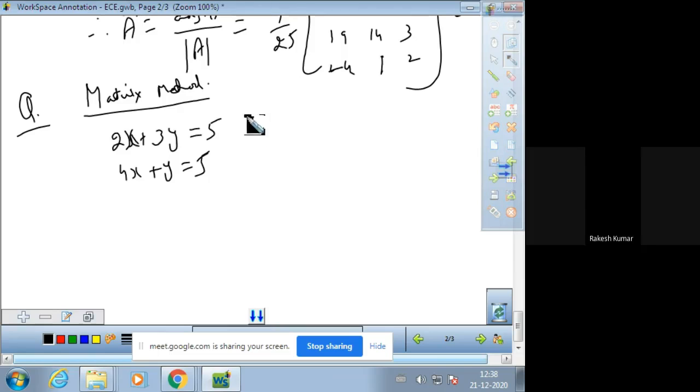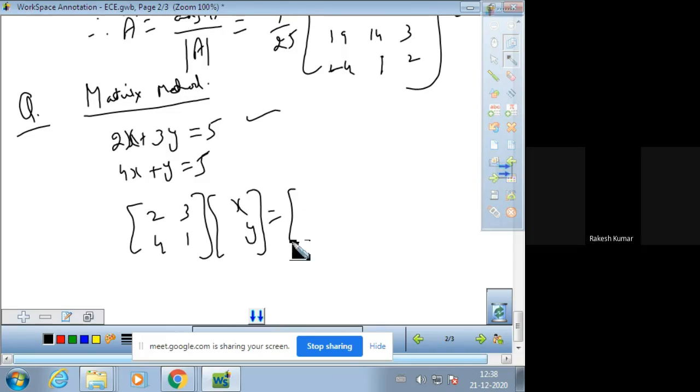Now they have said to solve this system by the matrix method, and you have to use the matrix method only. The system can be written like this, as you have already done in 10 plus 2 class: AX equals B. This is the B matrix, this is the X matrix, and this is the A matrix.